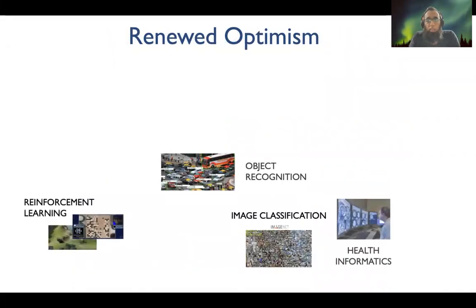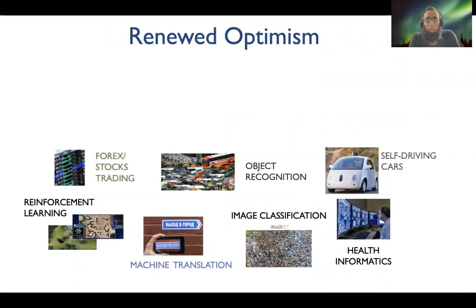So now there is this renewed optimism. You see all of these examples, machine translation. You can translate from any language to any language in an automated fashion in real time. And this is obviously very useful to people. It does make mistakes. However, it is very useful. You have the use of machine learning in foreign exchange, stocks trading, object recognition, self-driving cars.